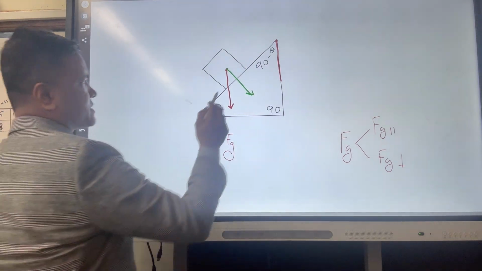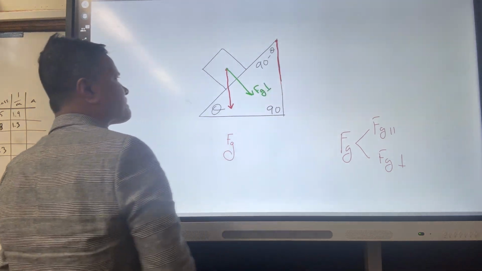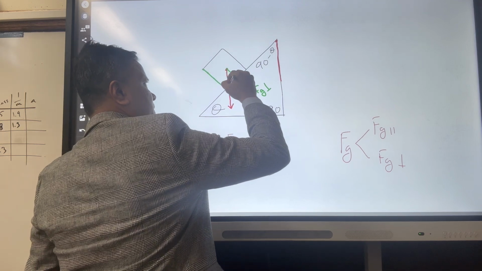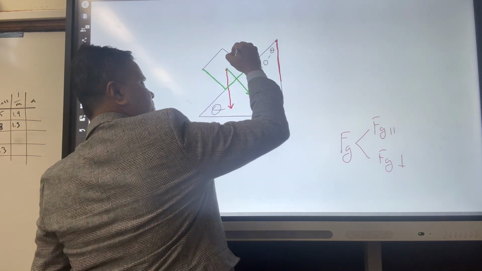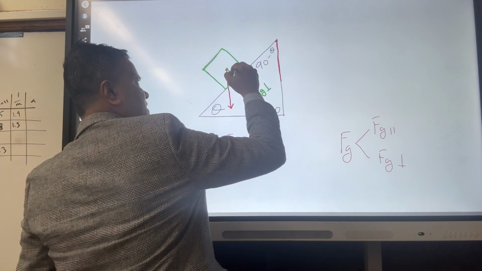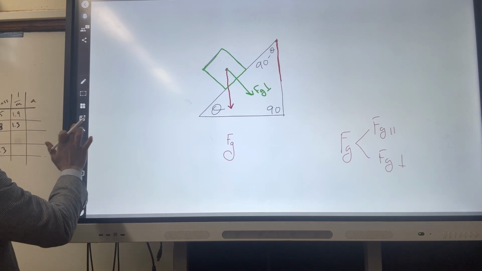All right, so this is FG perpendicular. Perpendicular with respect to who? Perpendicular with respect to the box. As you see, 90-degree. This one is 90-degree with respect to the box. Okay, very nice.